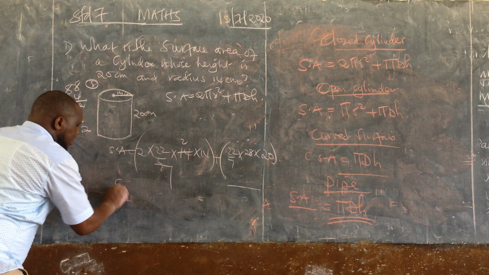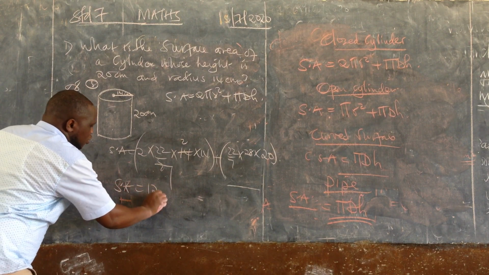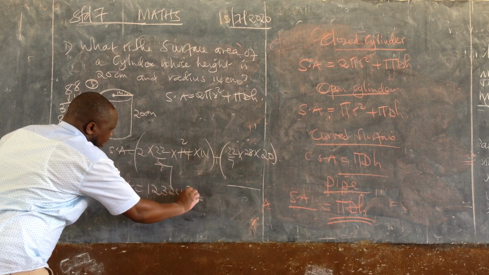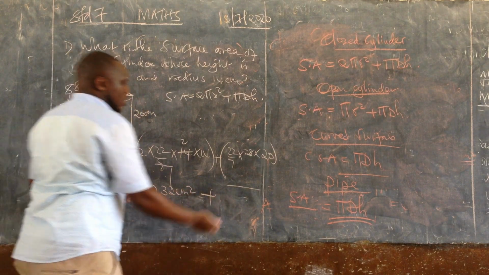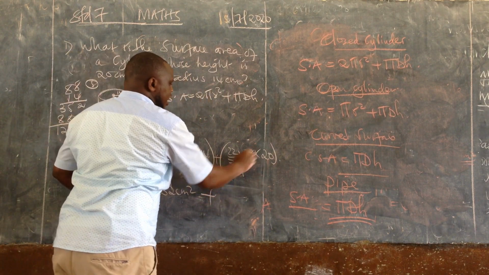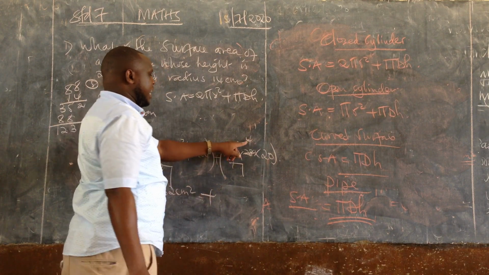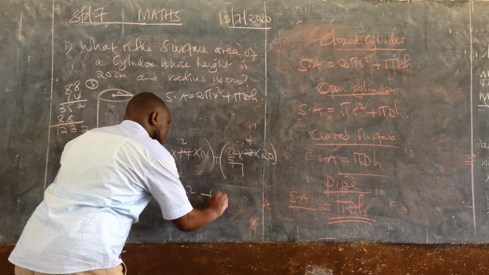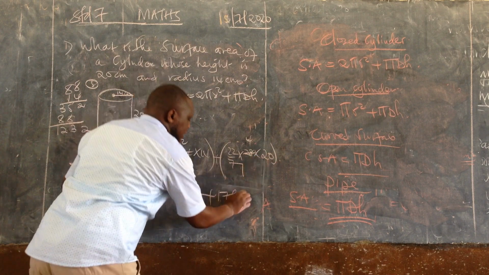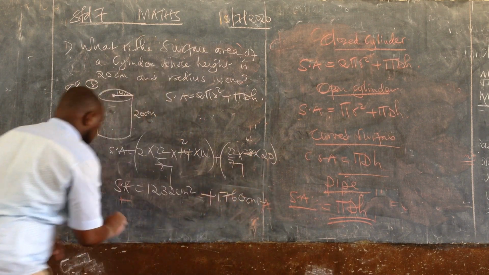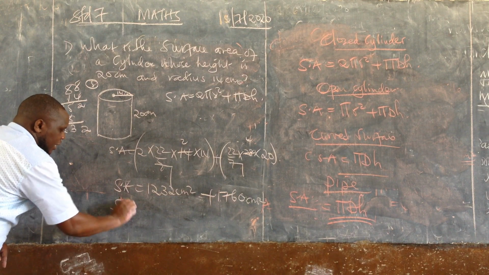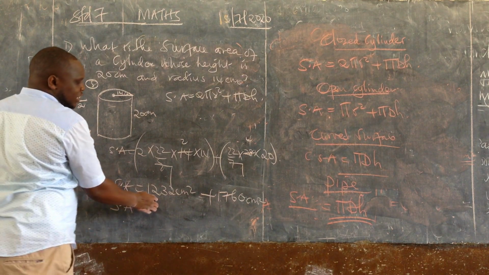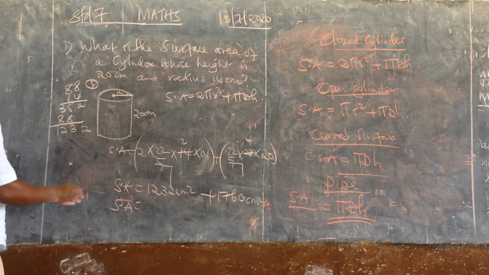So this side, the surface area will be equal to 1232 centimeters squared, plus on this other side, 7 into 28 is 4. This is going to be 88. 88 times 20 is 1760 centimeters squared. So the total surface area is going to be this 1232 plus 1760.